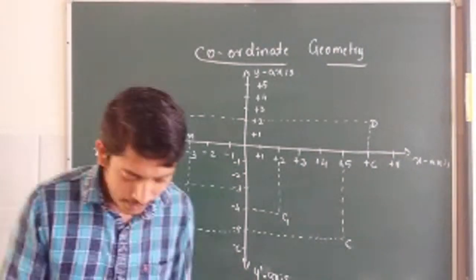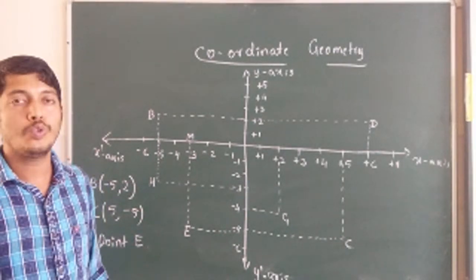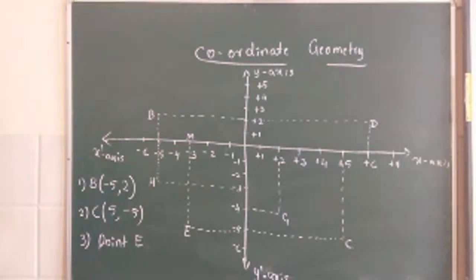Then the point identified by the coordinates 2 comma minus 4. Comment the name of the point which represents the coordinates 2 comma minus 4.